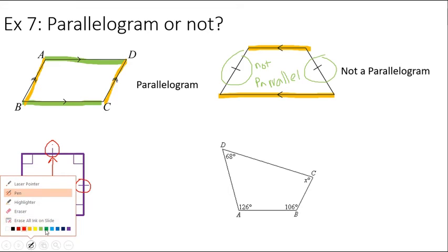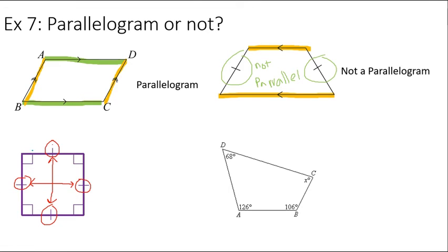And if you look at the angles, opposite angles are also congruent. Same thing with these over here. So we say that this square is a parallelogram.